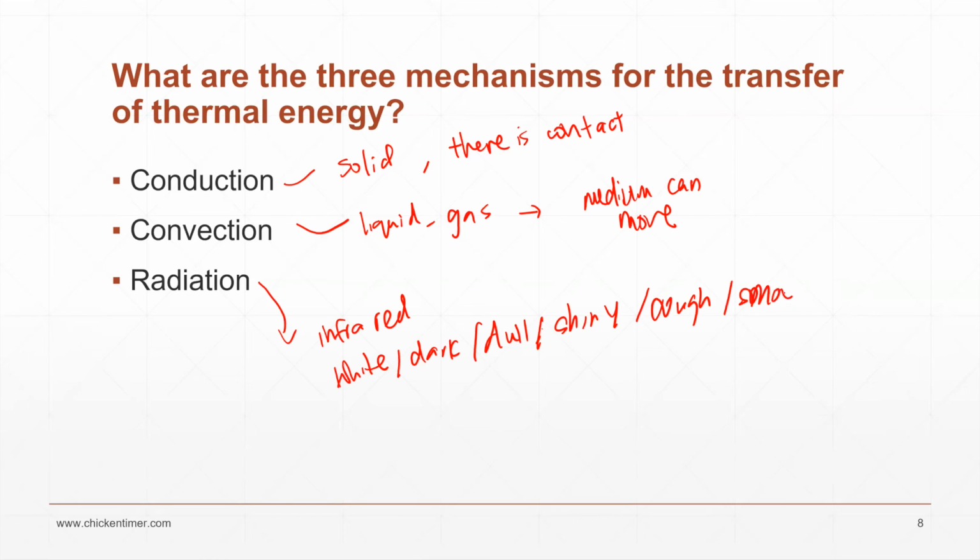The question always has this kind of keywords for radiation. So you have to be able to identify and differentiate what the question wants, whether it wants conduction, radiation, or convection. The characteristics are like this.